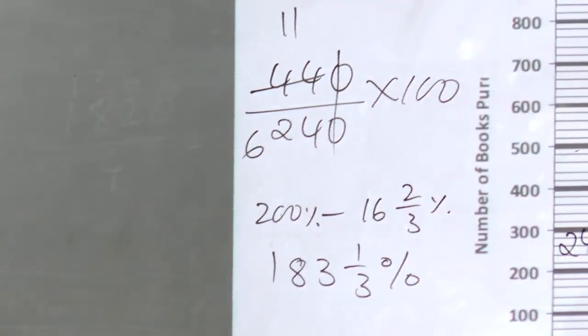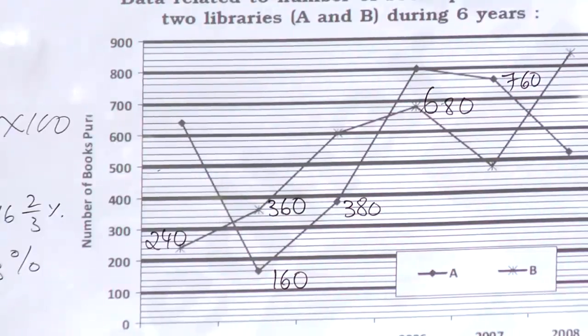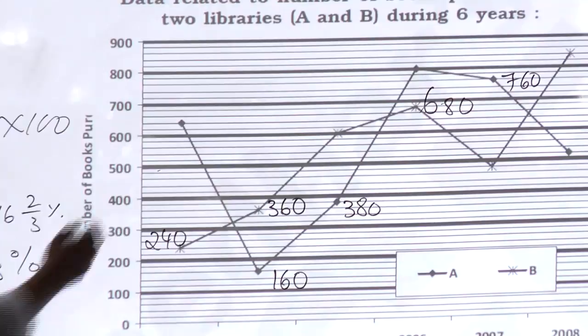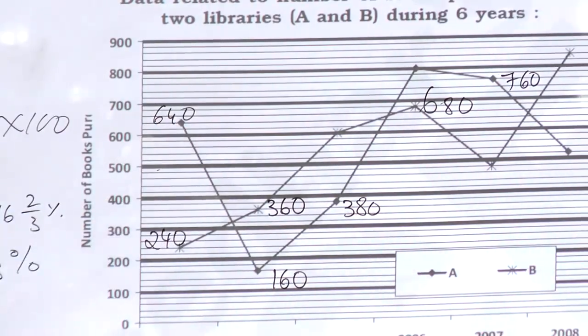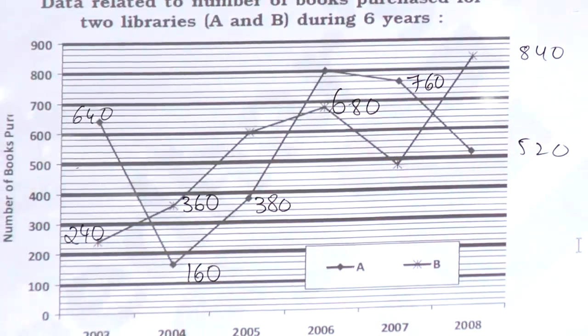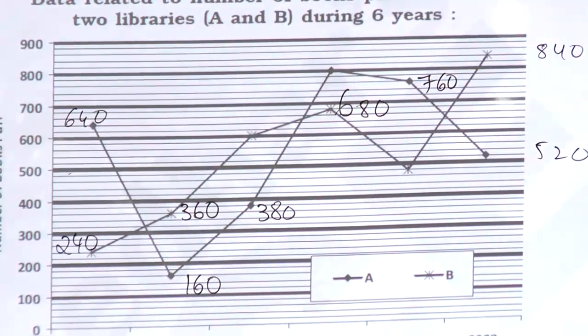Fiftieth. What is the respective ratio between the total number of books purchased for libraries A and B together in 2003 and the total number of books purchased for the same libraries together in 2007? 2003 versus 2007. In 2003 this is 640. 640 plus 240, 880. 880 divided by something. Hold it.